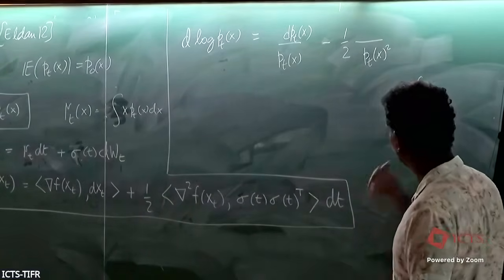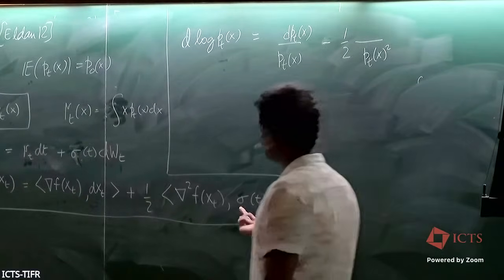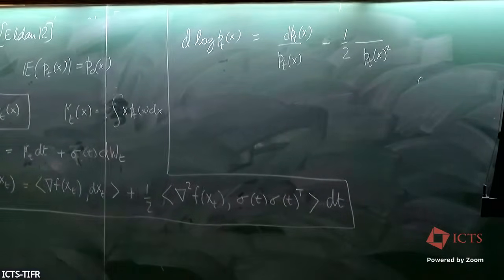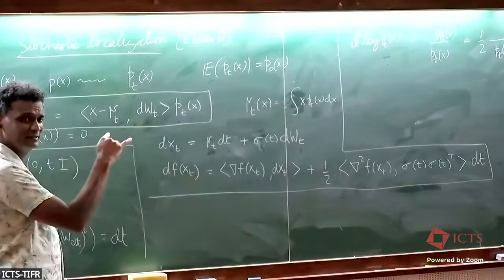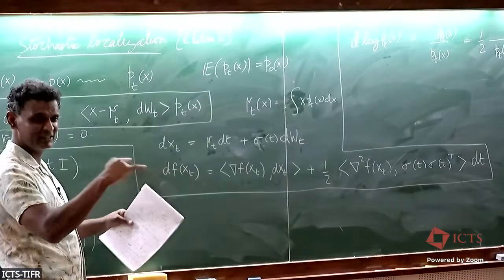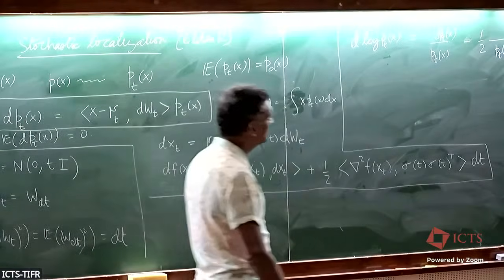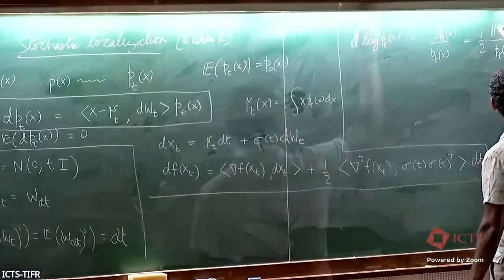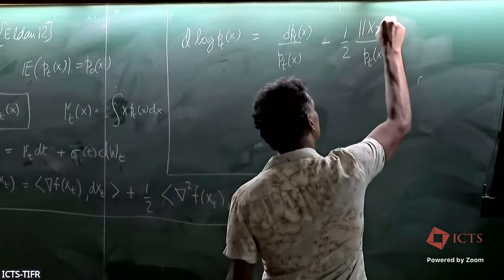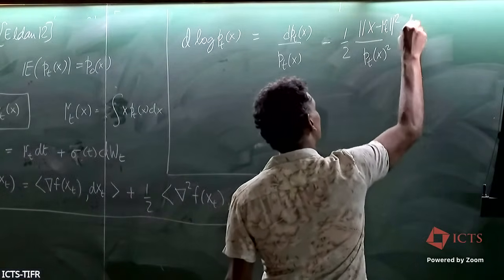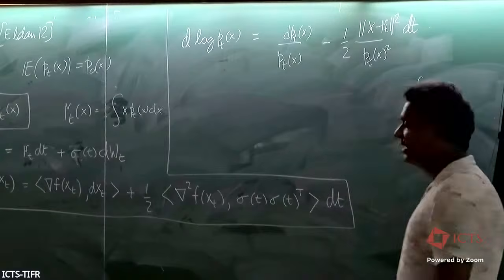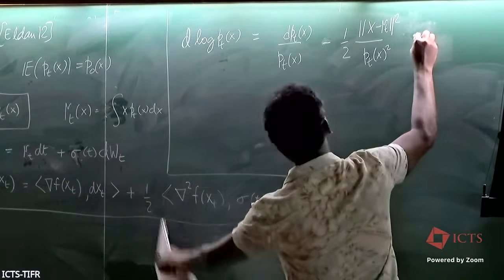What about the numerator? This sigma_t sigma_t transpose is (x minus mu_t) times (x minus mu_t) transpose times (x minus mu_t), and so it just becomes (x minus mu_t) squared dt, times the outside p_t(x) squared.